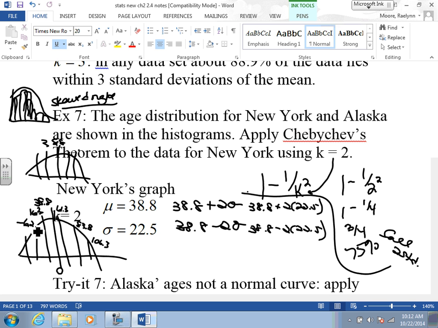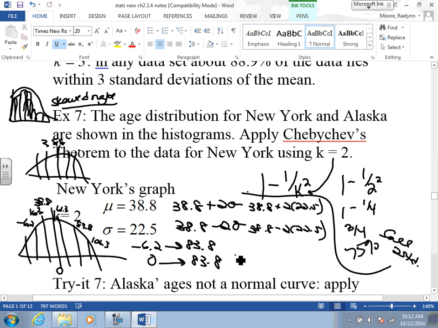So the ages will go from negative 6.2 to 83.8. Can we ever have a negative 6.2 age? So we're going to say from 0 to 83.8 approximately covers 75% of the data.